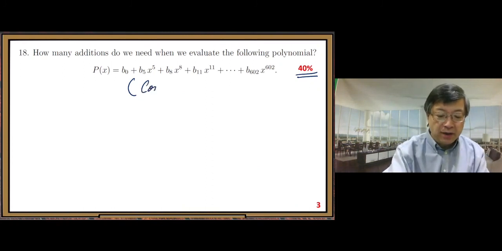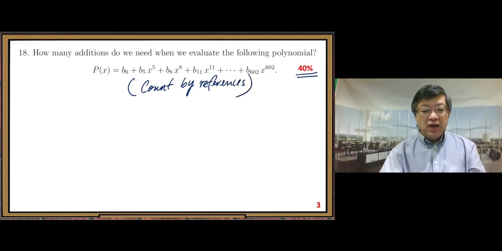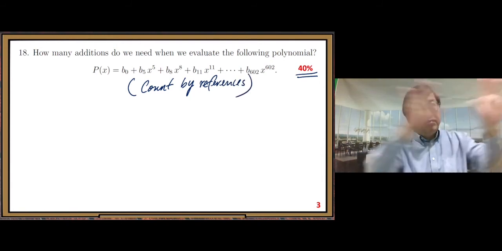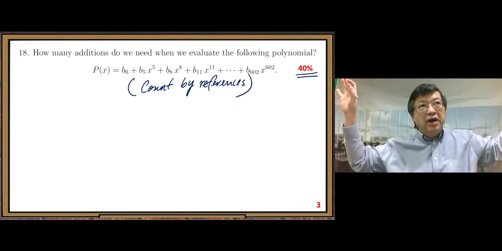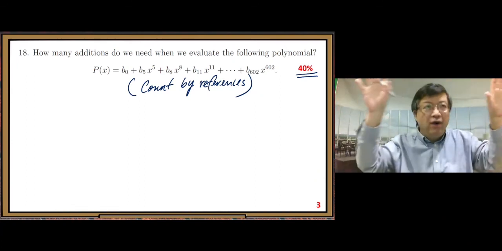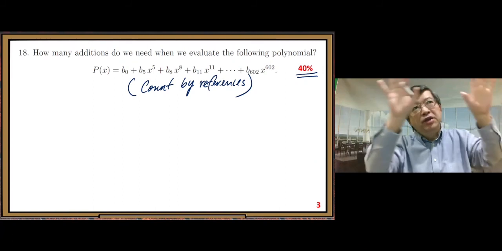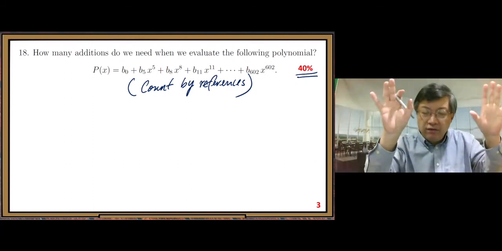We need to do counting. Because this is a big formula, it is very hard to keep track of all the terms. You need to find some rule to keep track of all the terms.